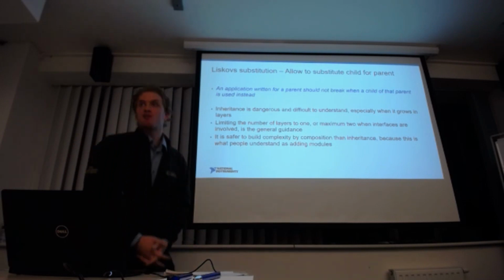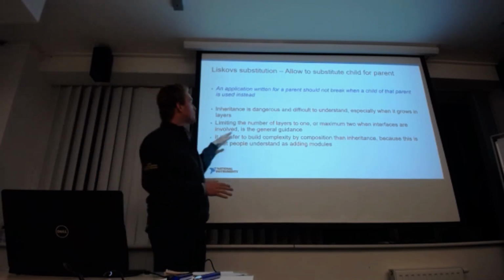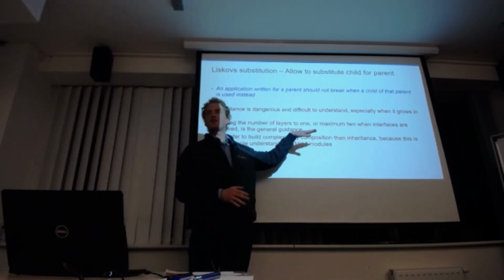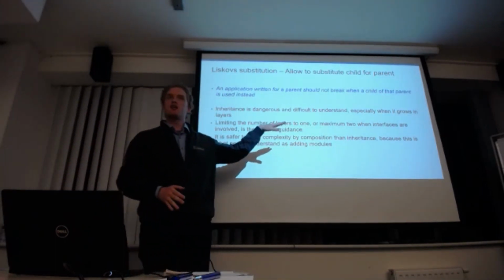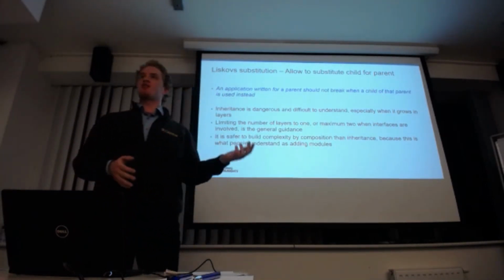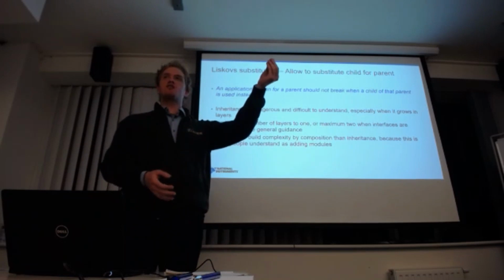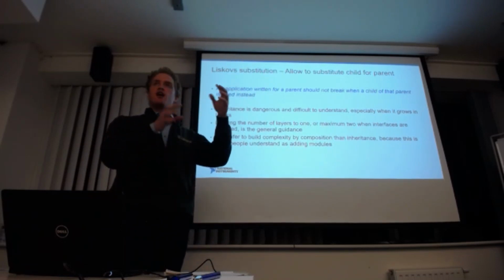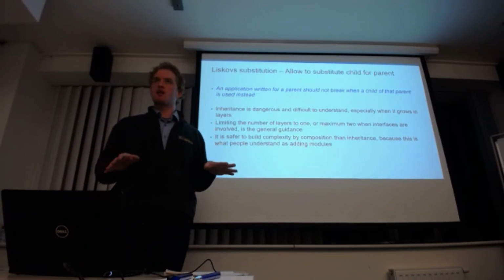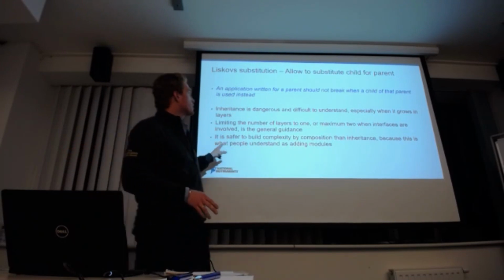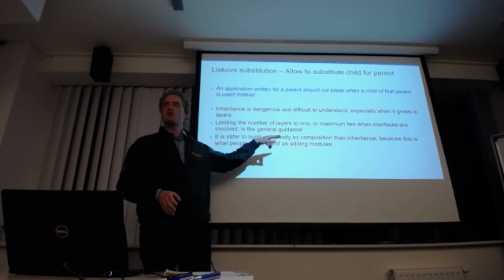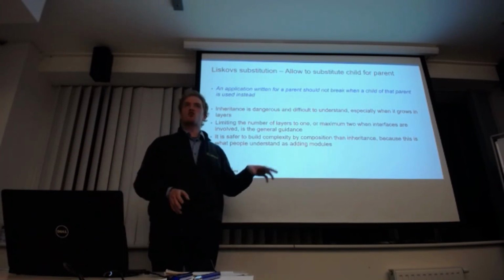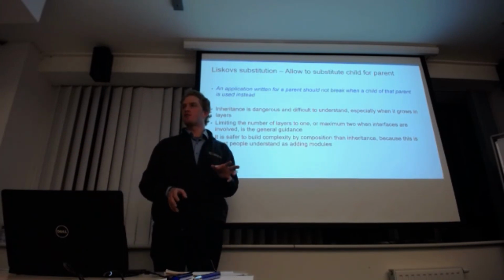My personal recommendation is to limit the number of layers to 1 in your inheritance relationship. That effectively means that you are creating interfaces and implementations of these interfaces. And this is absolutely fine. You can do that without any problems. The moment you have more than 1 layer, you should have a good justification of why.